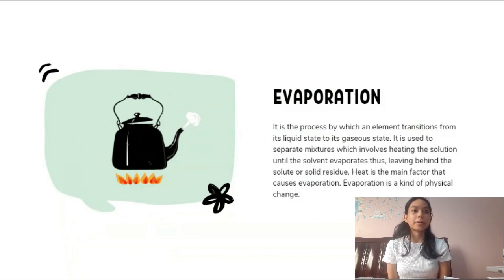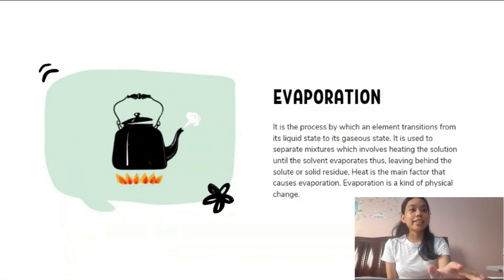It is used to separate mixtures which involves heating the solution until the solvent evaporates, thus leaving behind the solute or solid residue. Alam nyo ba kung ano ang solvent at solute? Kung hindi, ang meaning ng solute is yun yung nade-dissolve, while yung solvent naman, yun yung nagde-dissolve. Mamaya magpapakita ako ng example.